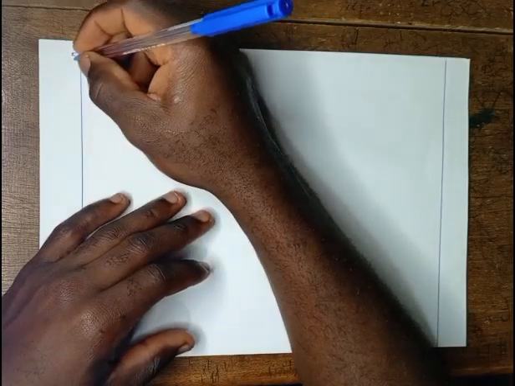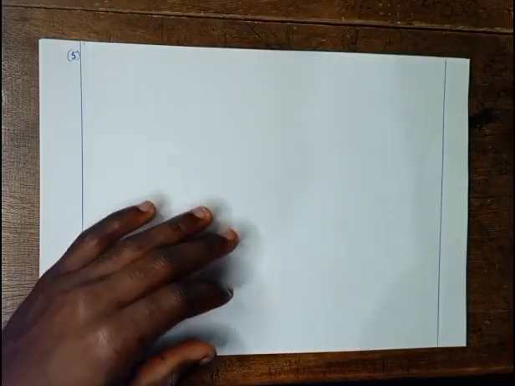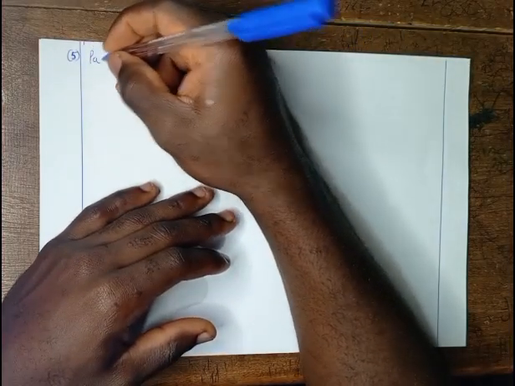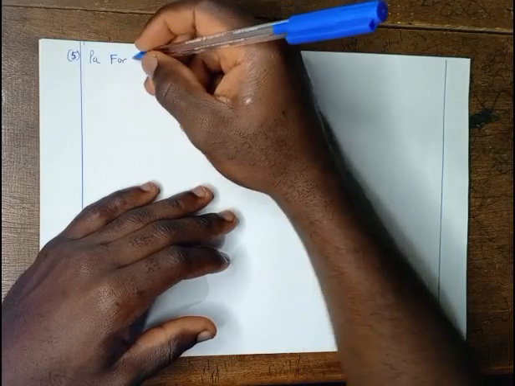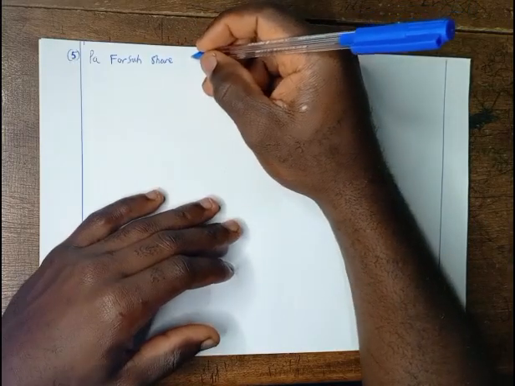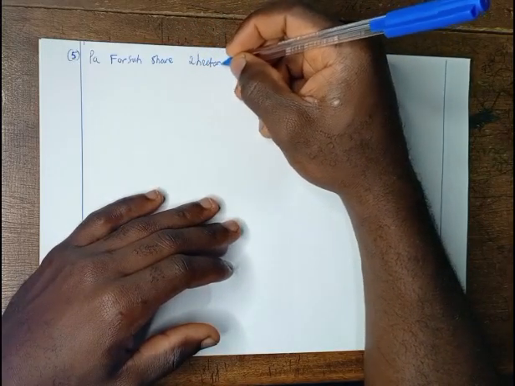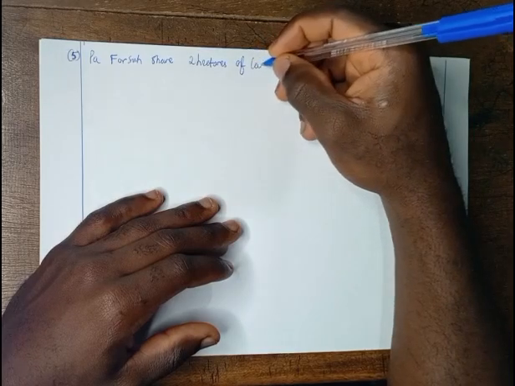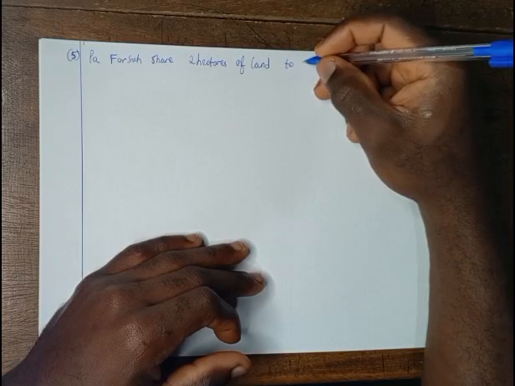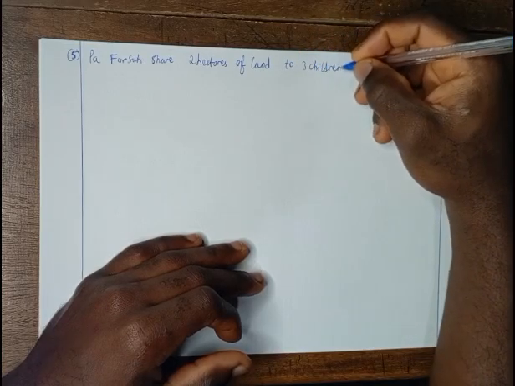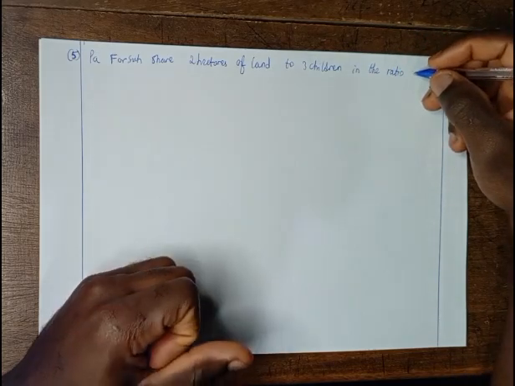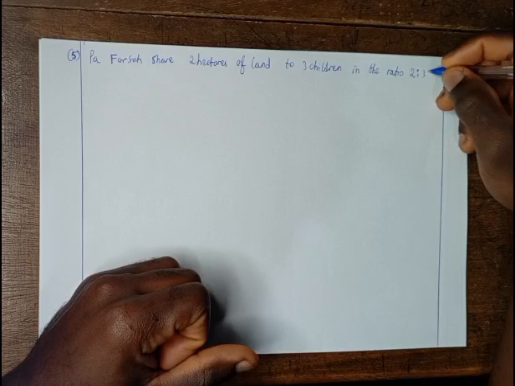Question 5. We have been told that Parafosu shares 2 hectares of land to 3 children in the ratio 2 is to 3 is to 4.